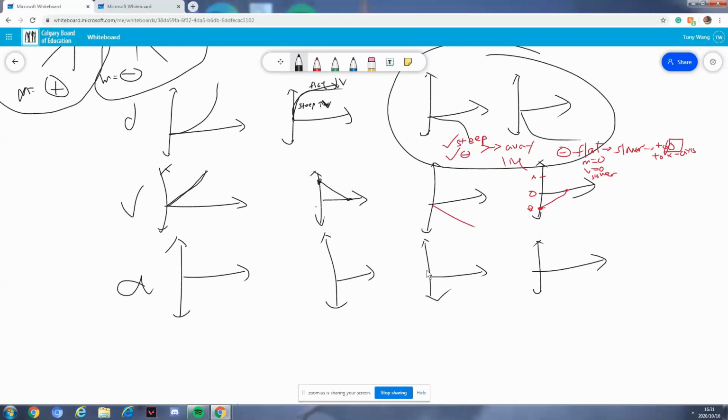So in these scenarios, why is the object accelerating? It's okay if you say I don't know, but just say I don't know. Do you not know?